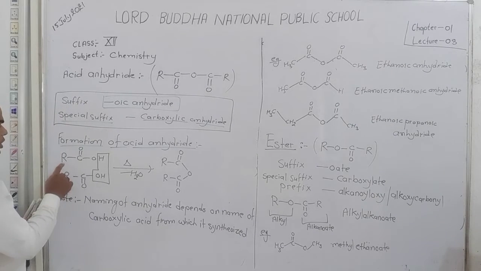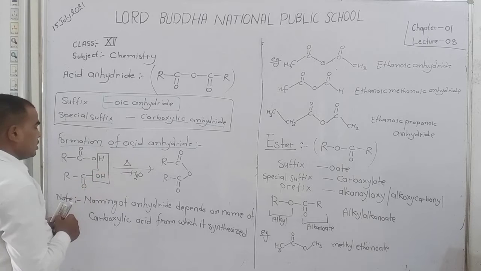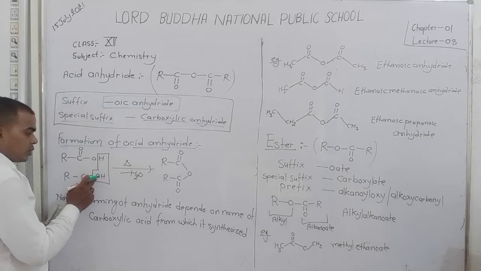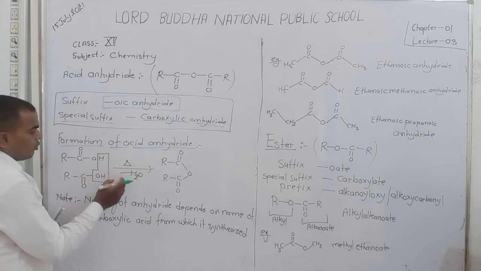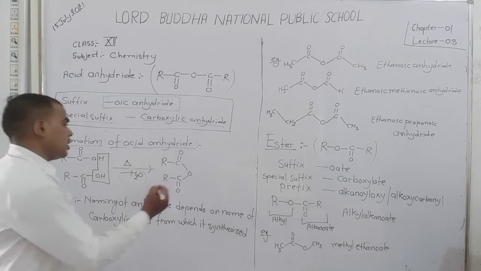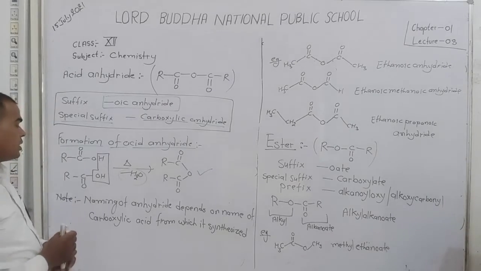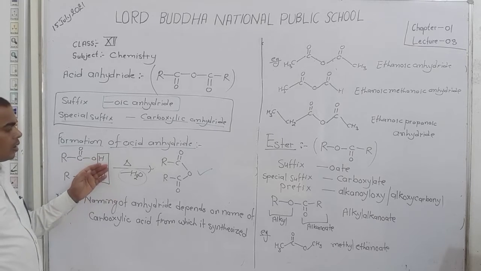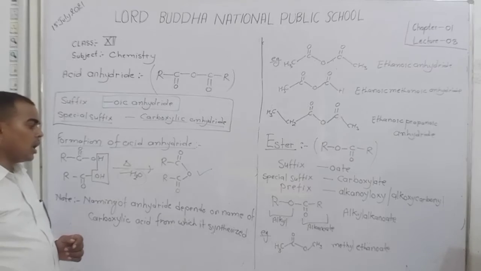When we take two molecules of carboxylic acid and heat them, OH from one carboxylic acid and H from the other are removed in the form of H2O, and they convert into acid anhydride. That means carboxylic acid on heating removes water and converts into acid anhydride.